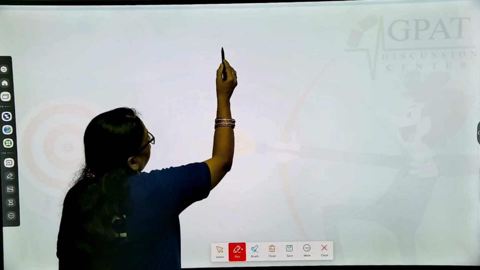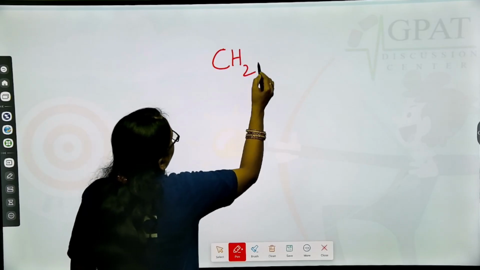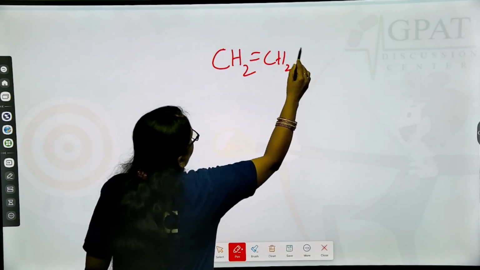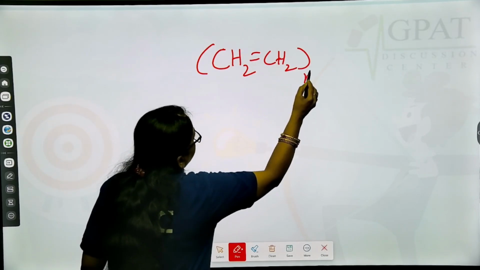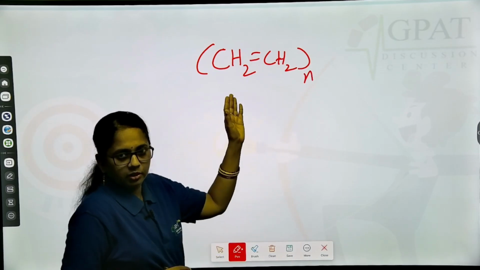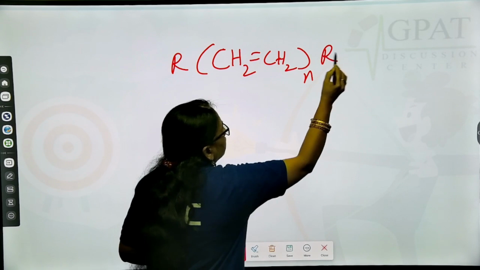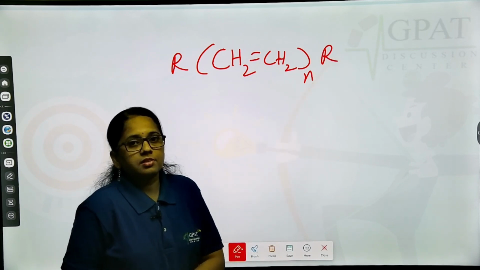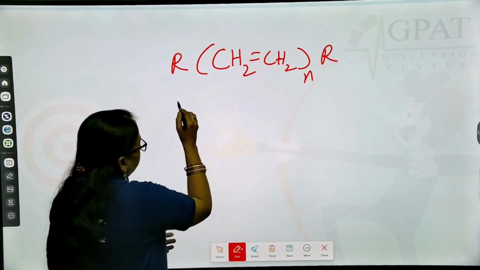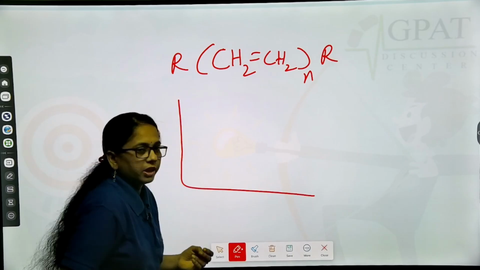So whenever you see any type of ethylenic double bonds, then based on the number of ethylenic double bonds, you are going to observe the absorption bands. I will explain with the graph itself.